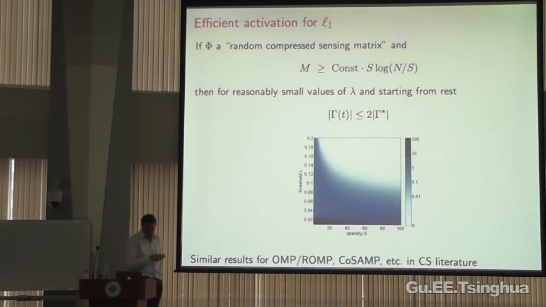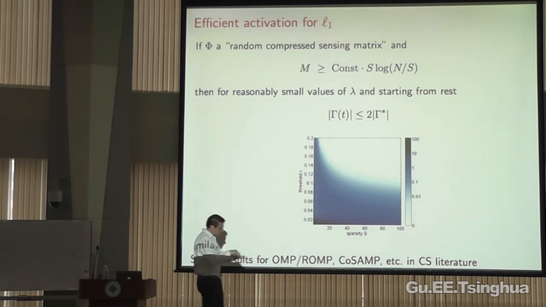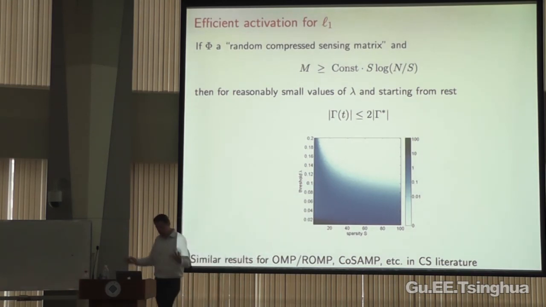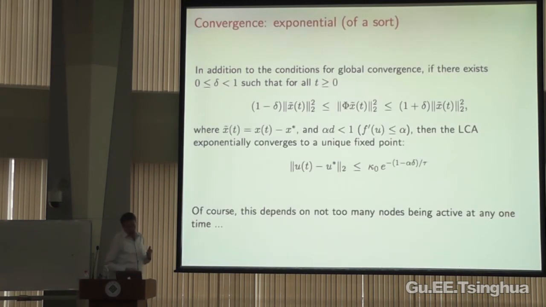We have a strong result that says, if you have a random matrix, and a number of columns of that matrix which looks like some sparsity S, the same result we need for perfect recovery, then for reasonable values of thresholds, the size of the active set is no bigger than twice the size of the solution set. What that means is, I have a guarantee of exponential convergence for these types of signals.